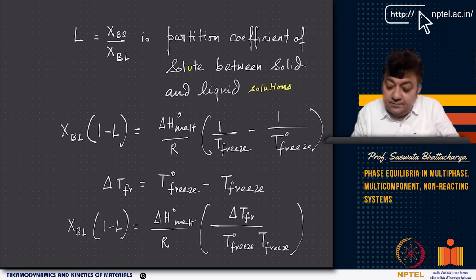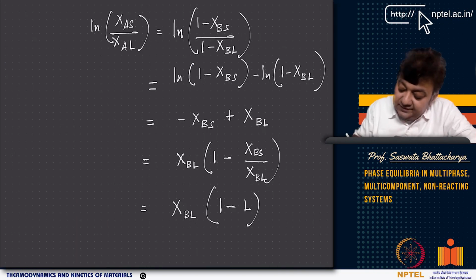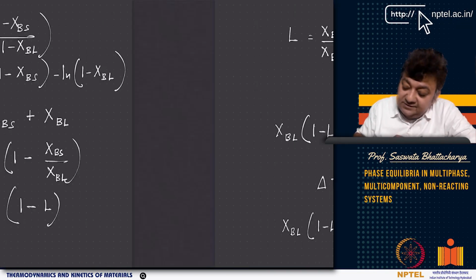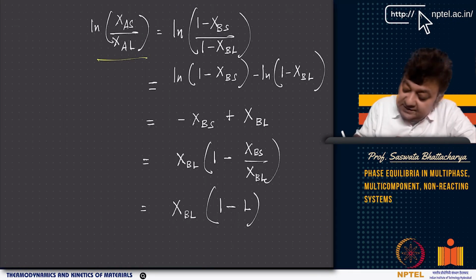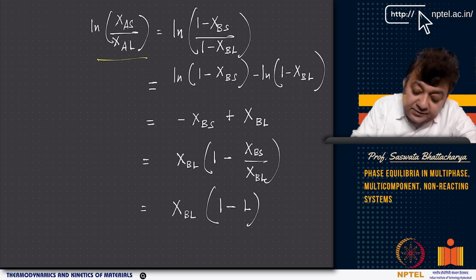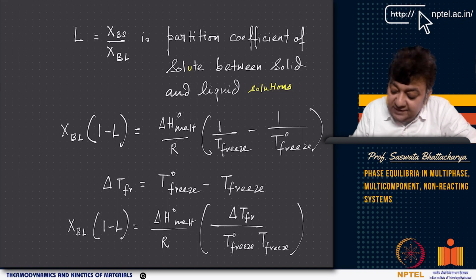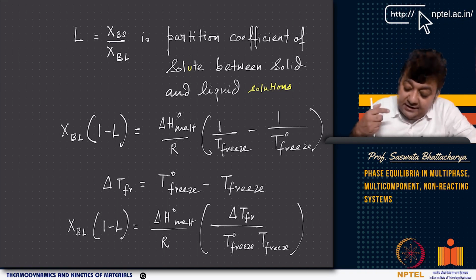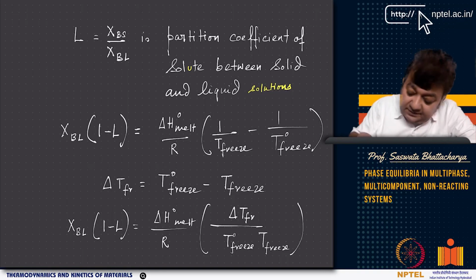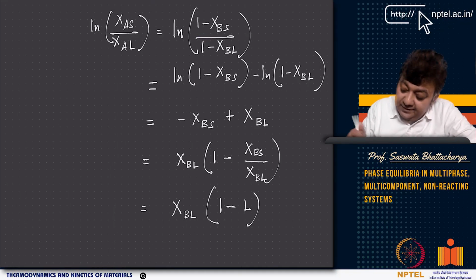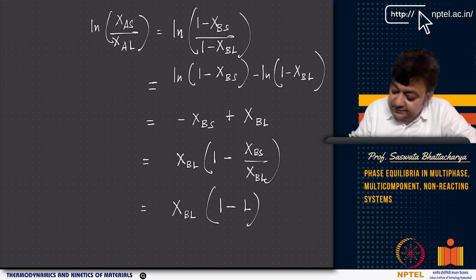So if that is so, we can do further simplification, because ln XAS by XAL is this term. So XBL times (1 minus L), which comes because you have XBL, this is XBL(1 minus L).